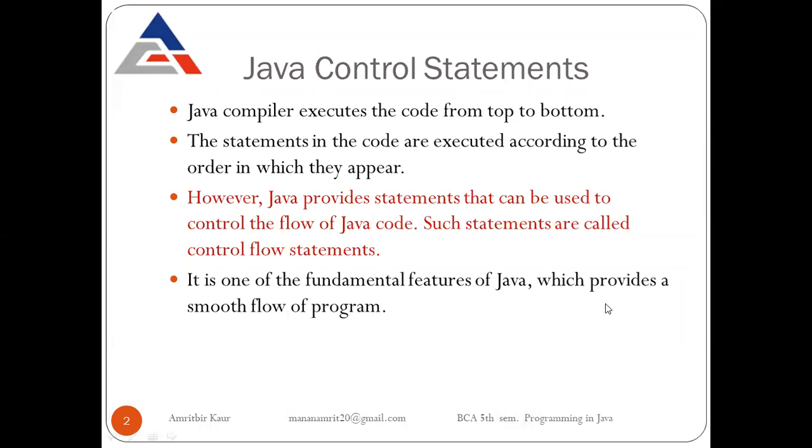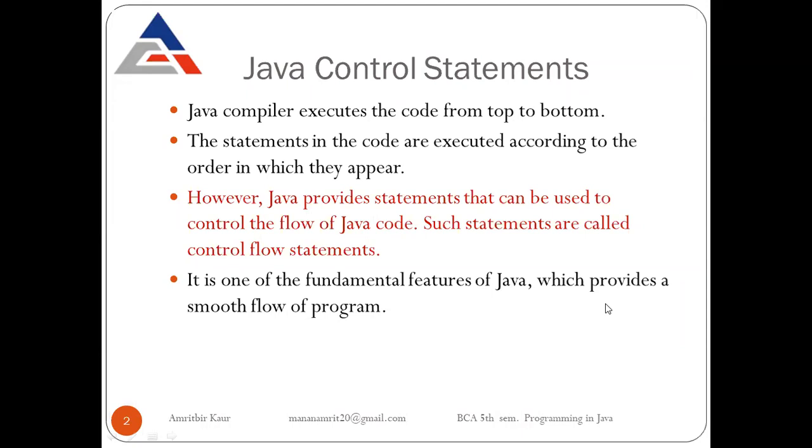If we start from the first, then second, third, fourth, fifth, the compiler executes code from top to bottom, in a sequence. The statements in code are executed according to the order in which they appear.